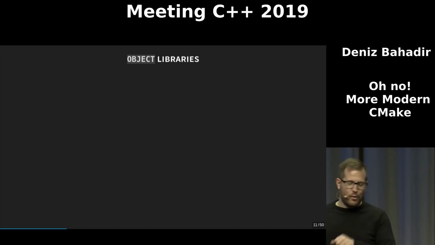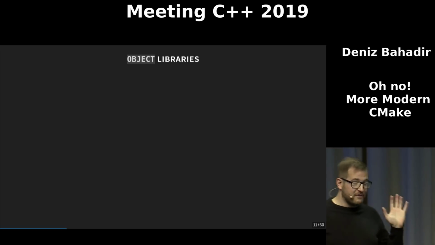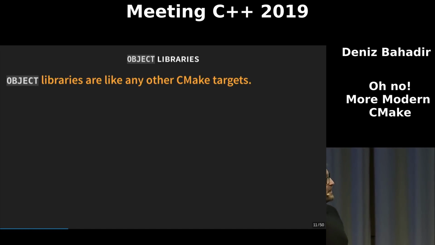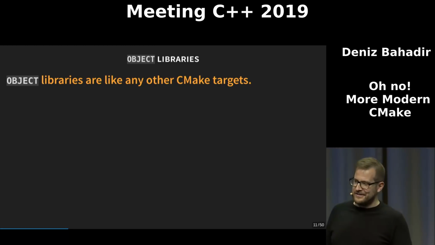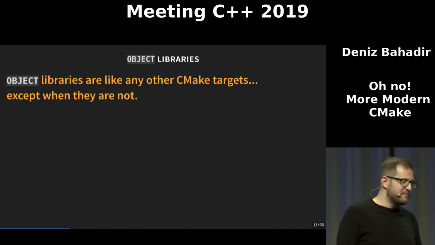And I don't know why, but nobody was either able or wanted to implement that. And then at some point, I needed this, and I tried to implement it, and it was luckily successful. So nowadays, we could just say object libraries are like any other targets in CMake, except when they are not, because they are still a special beast, because of the definition that was given.